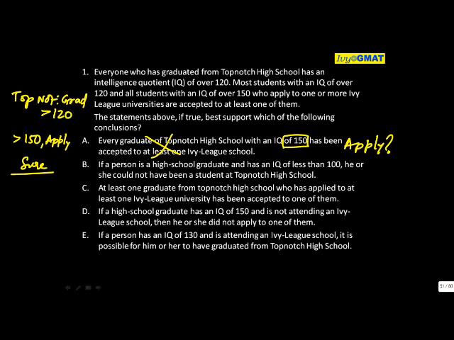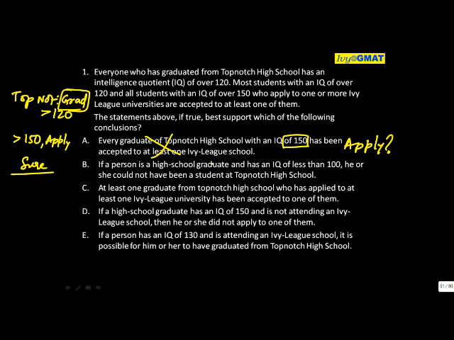Now, option B: if a person is a high school graduate and has an IQ of less than 100, he or she could not have been a student at top notch. This is a very tempting answer. Very, very tempting. Did you mark anyone who felt this was a possible answer? Why is this a wrong answer? Looks okay. Is it top-notch student or top-notch graduate? In this passage, what is given? Top-notch graduate.